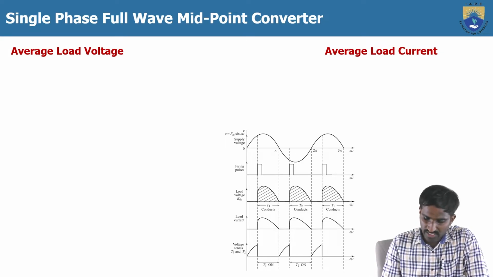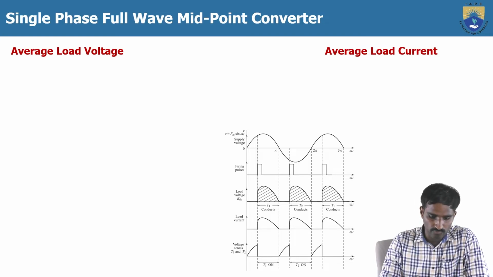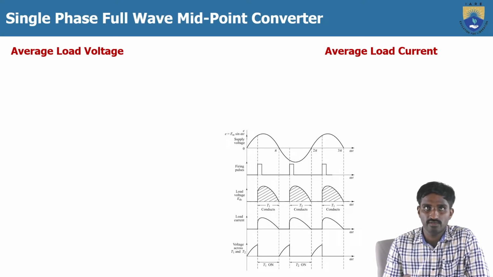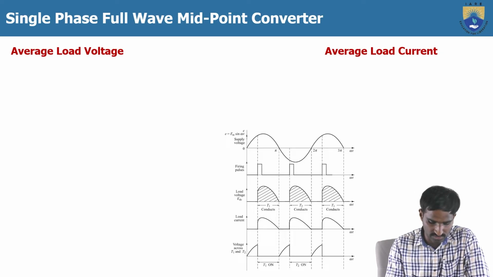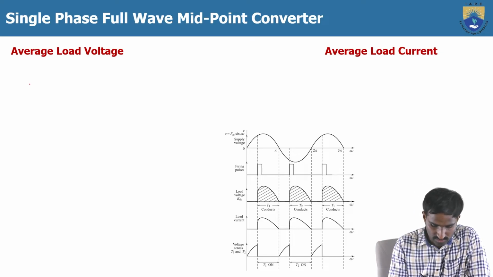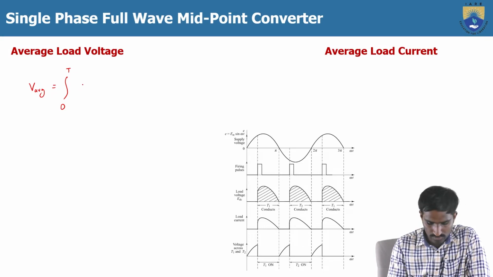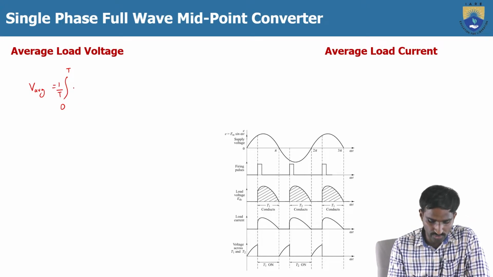As we know, the standard equation to find the average value of any sine waveform, let me just write. V average is equal to 1 by T into integral 0 to T of Vm sine omega t d omega t.